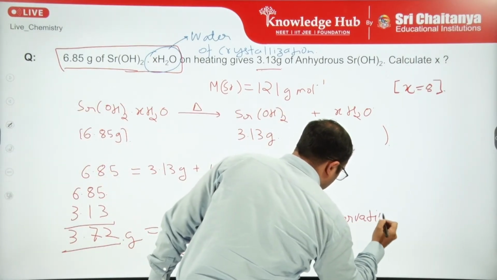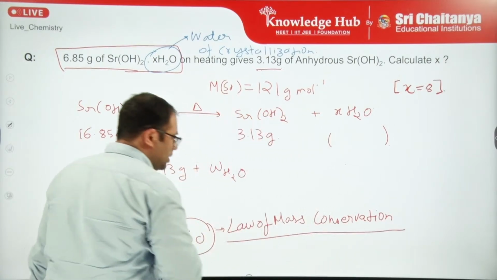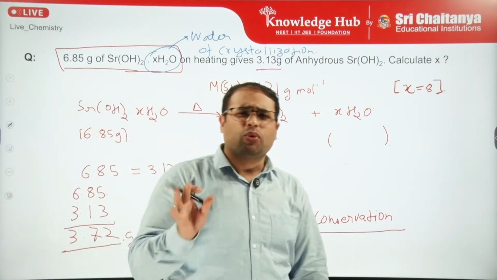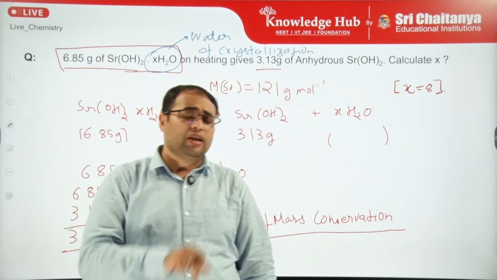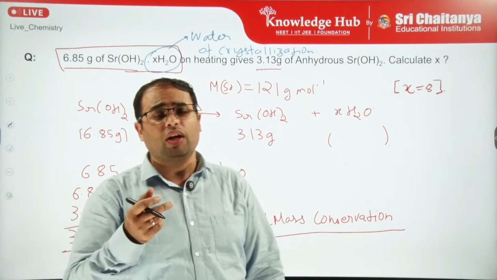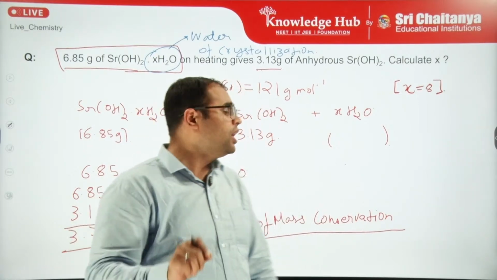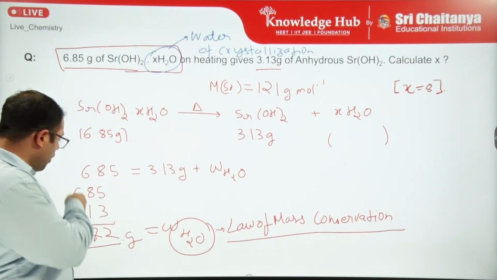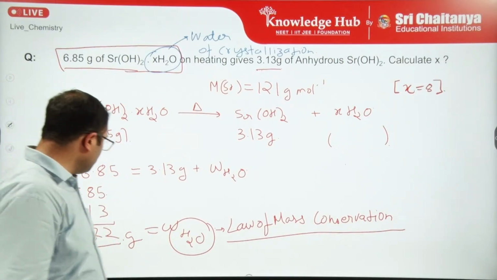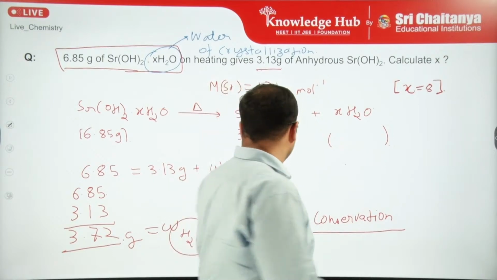Yes. See, most of the time you will not get direct questions on this. It will be only when you have a combination question in which one of the steps will involve using this law, like here. So we have the mass of water that is produced.